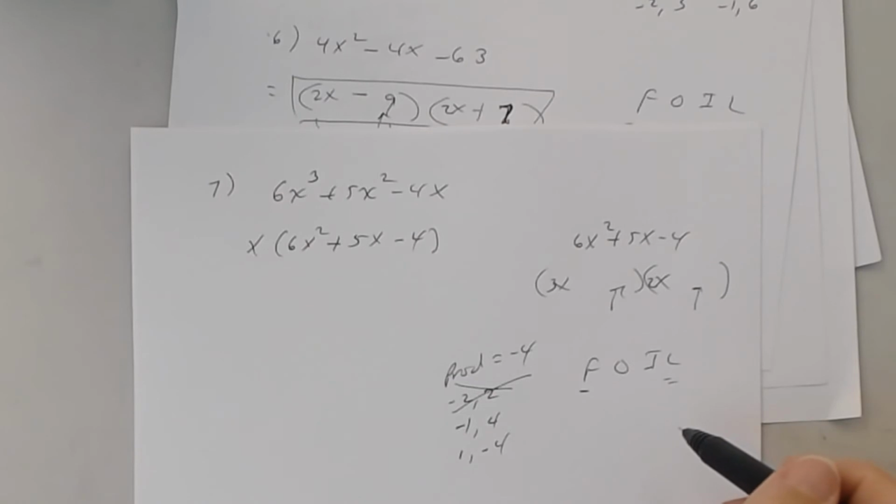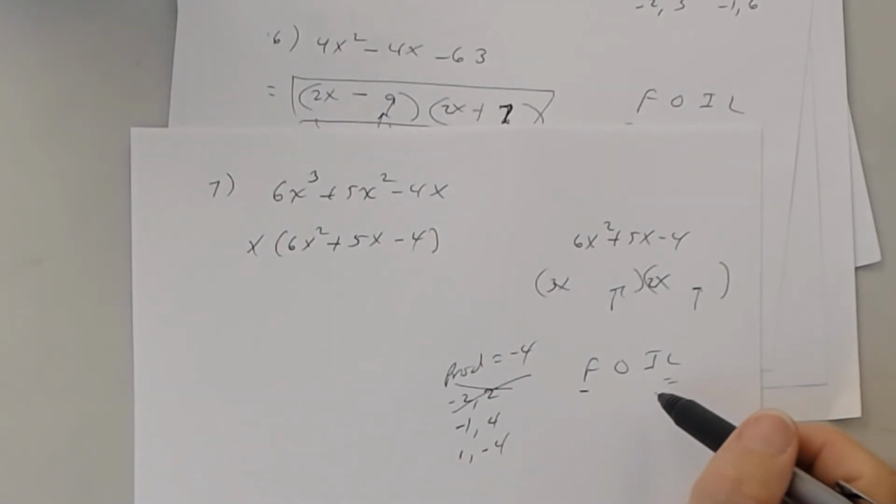I have to use what instead? 1 and 4. Notice I didn't say -1, -4, right? I just said 1 and 4. But I know what though? One has to be positive and the other. Yeah, that's true. But even before then, I know that I can't put something somewhere.